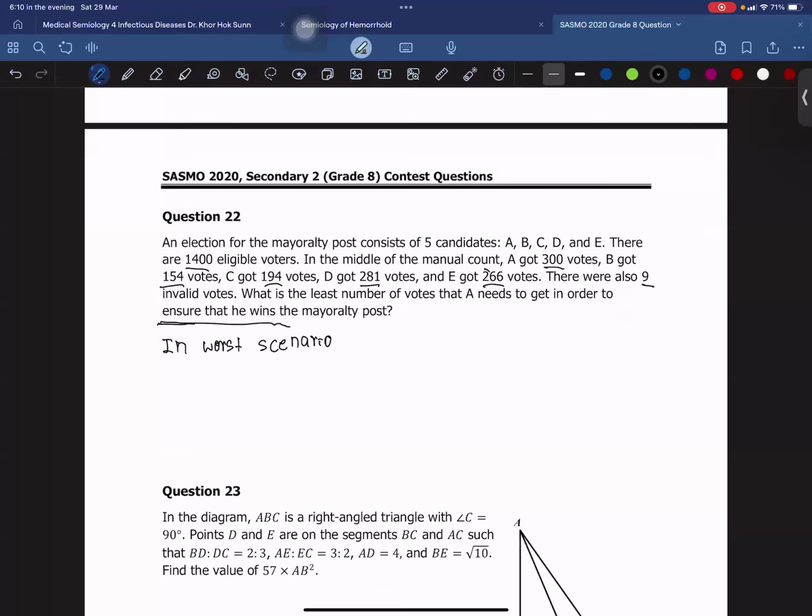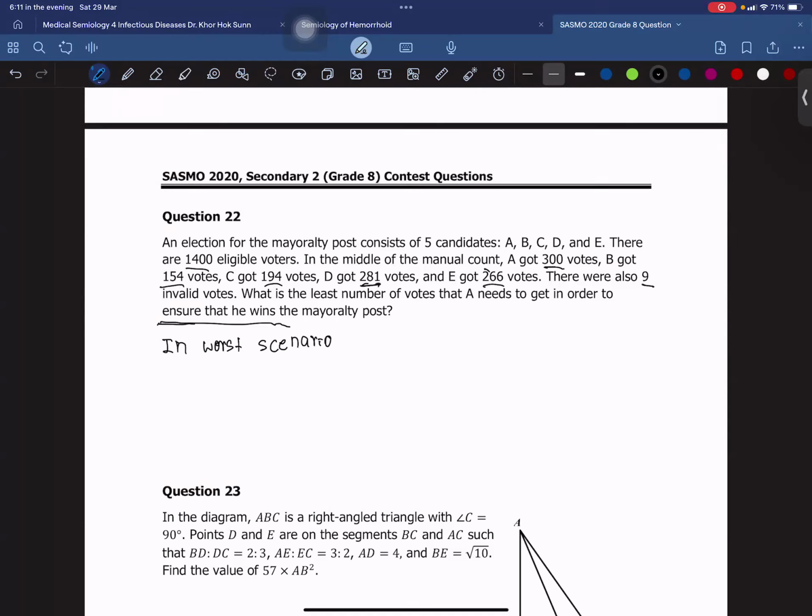Okay, so yeah. When all the remaining votes are either for A or the candidate with the second highest vote count, which is D, it's going to be higher than that. In this scenario, D needs 20 more votes to win against A. Why?